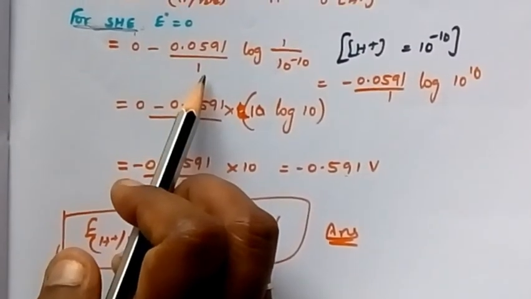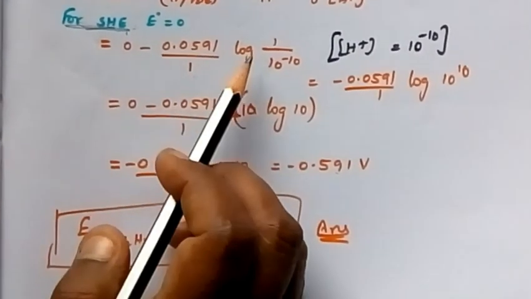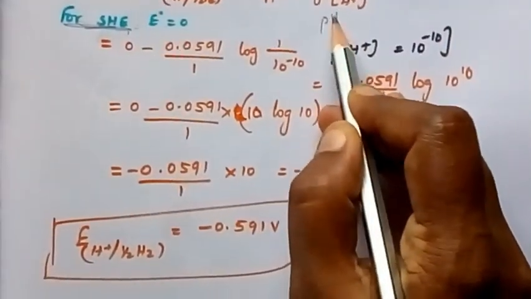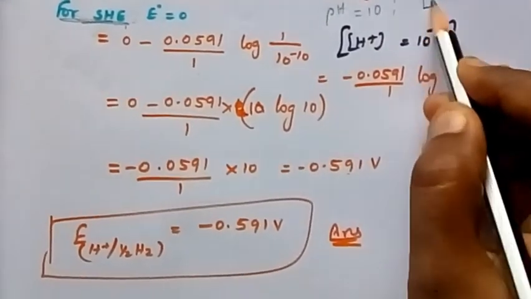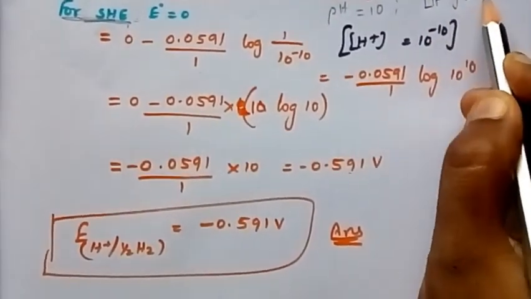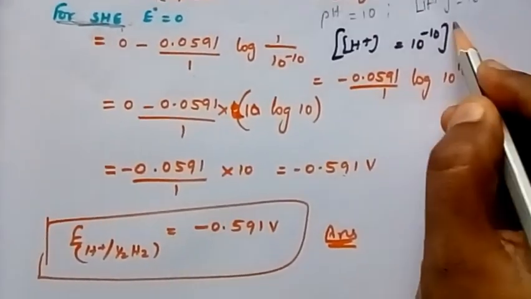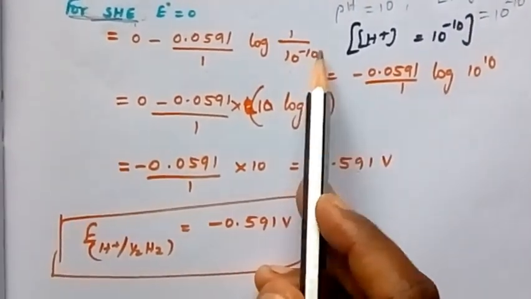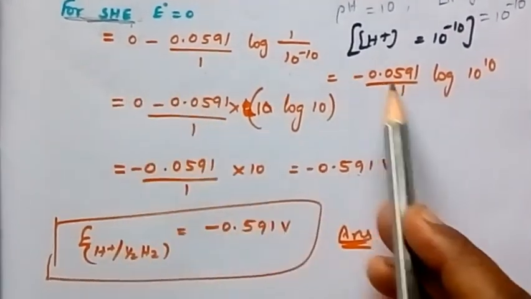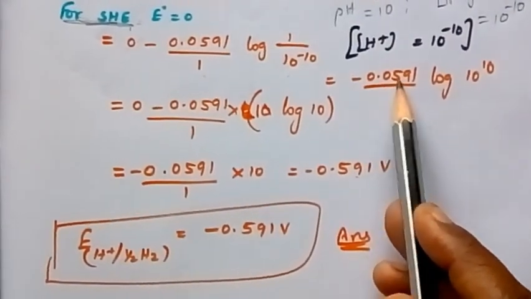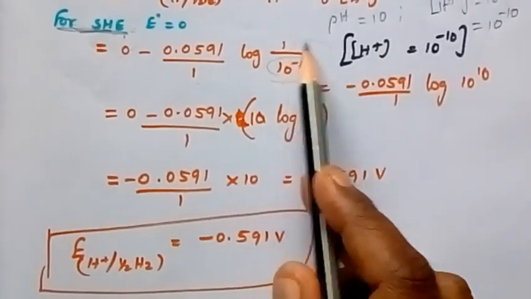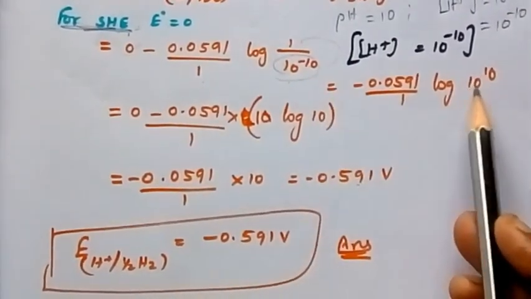How many electrons are transferred? Only 1 electron is transferred. So log of 1 by 10 power minus 10. If pH is equal to 10 means H plus concentration is equal to 10 power minus pH. This can be written as 10 power minus 10. So we are writing 10 power minus 10. So minus 0.0591 by 1 log of, take this to the numerator, the minus becomes plus, 10 power 10.